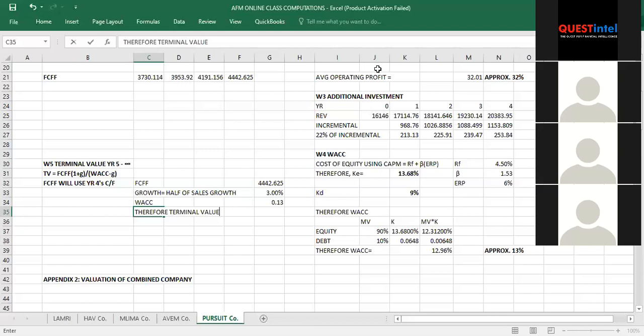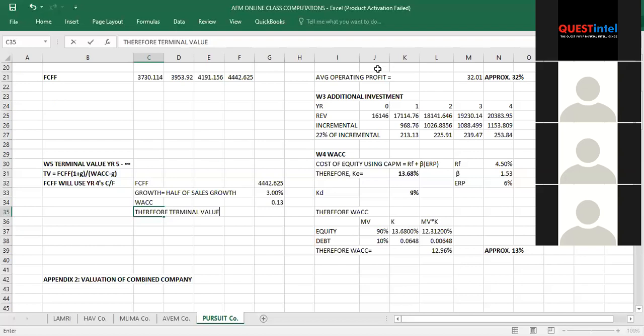So standard procedure when valuing a company is to value the company going forward, and then maybe you first have a high growth rate. There's another formula that is very useful for this, but it's unnecessarily complex if we're looking at this.